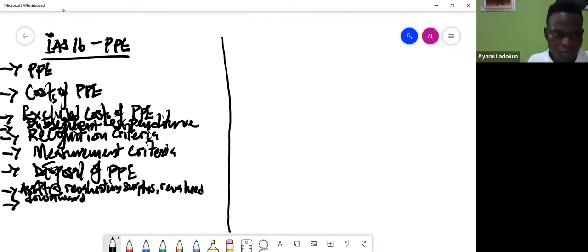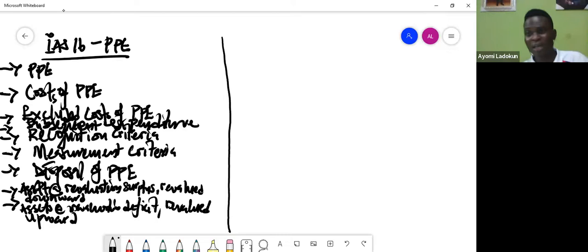Okay, what is that saying? Then assets carried at revaluation deficit, now revalued upward. Okay. All right. So this one will give you an idea of what PPE is all about.